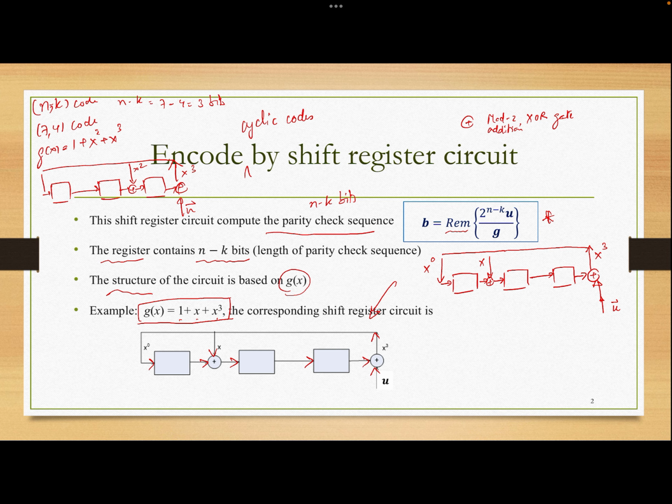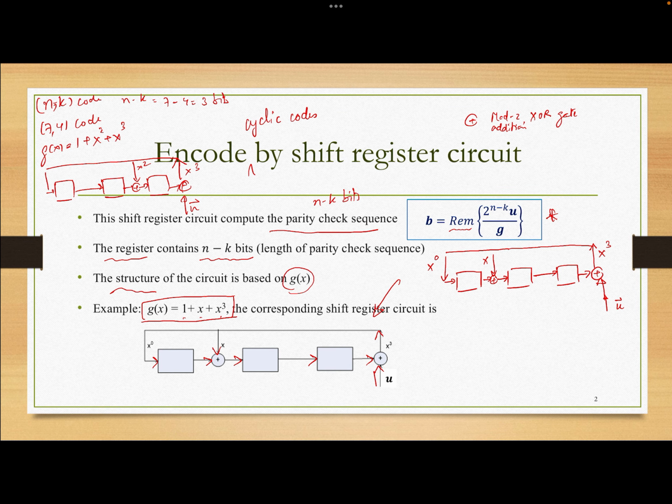If you look at other textbooks, maybe the data comes in from a different side, and the arrows may not be the same. If you want to know more about this, we have another class called Applied Coding, which I will open next semester. Anyway, for the datacom class, we will teach you only this structure with data in from the right-hand side.